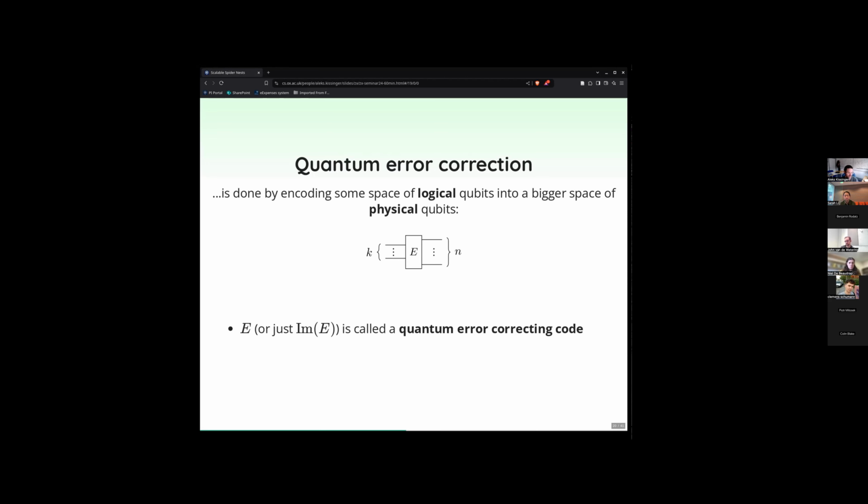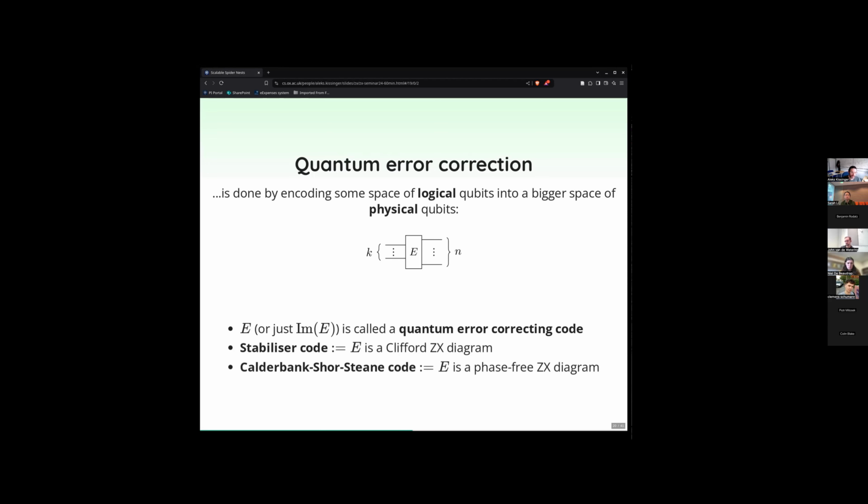Okay, so this encoder E, or often just the image of E, is called a quantum error correcting code. And a stabilizer code is the special case where E is a Clifford ZX diagram. Or you could just say that there exists some Clifford ZX diagram, and the image of E is called a stabilizer code.